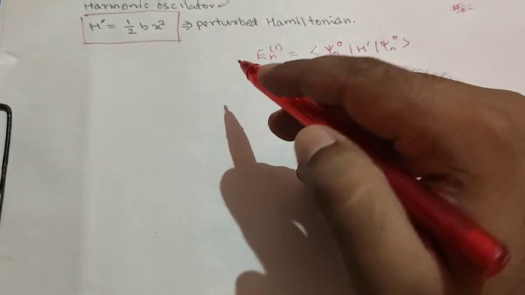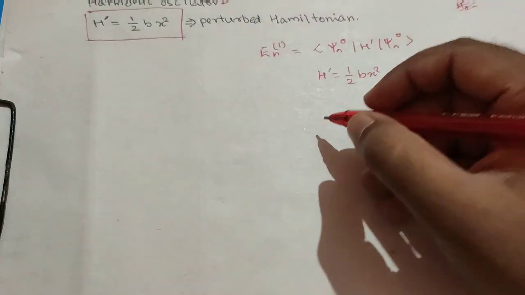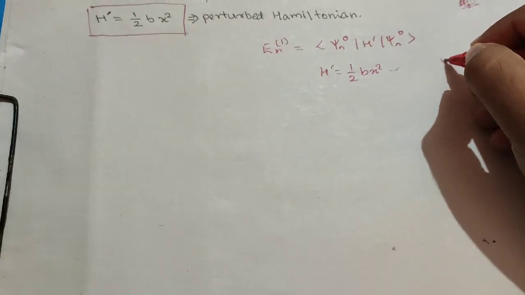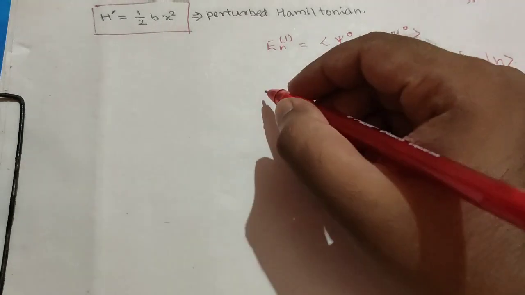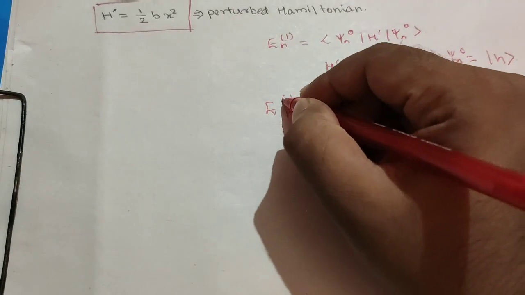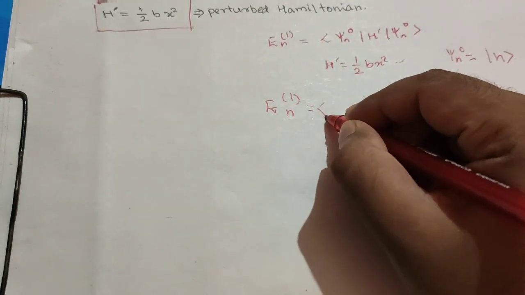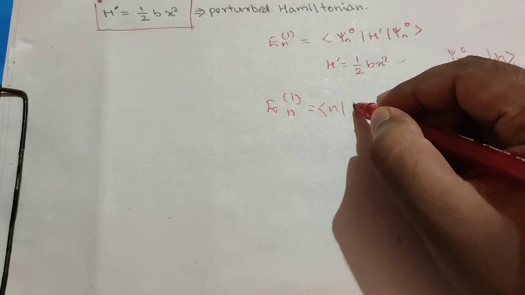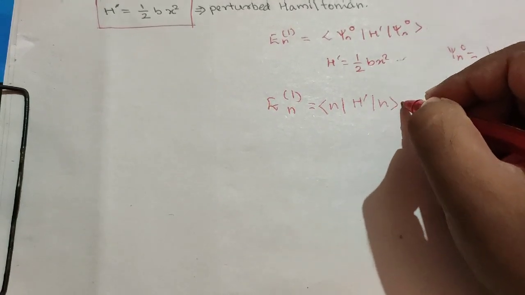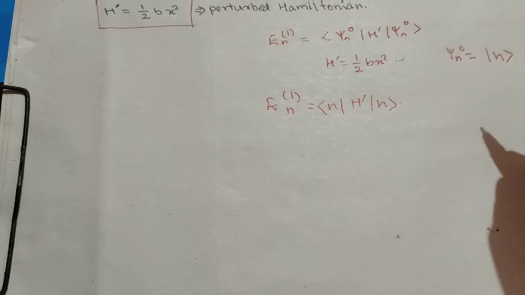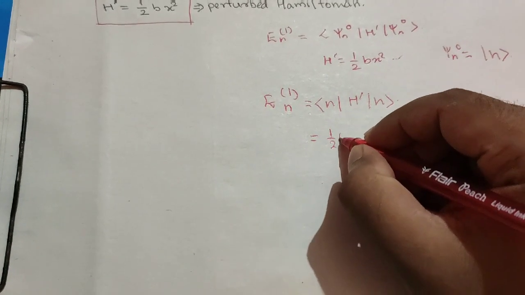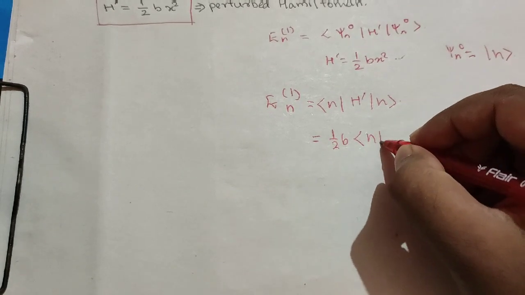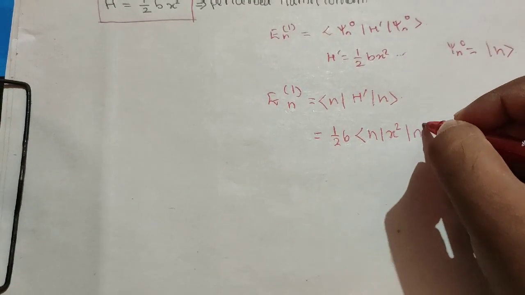So in the linear harmonic oscillator, psi n0 is ket n. So we need to find the first order correction En1, which is equal to bra n H dash ket n. H dash is half b x square, so half b is taken outside: bra n x square ket n.